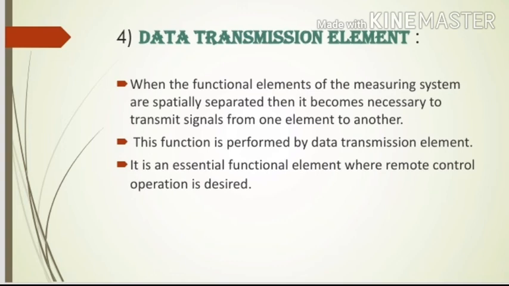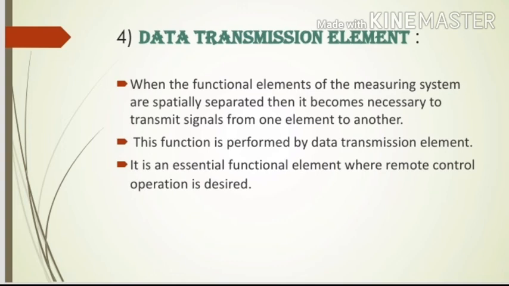After that the signal from the variable manipulation element enters into the data transmission element, which is the fourth element, where it transmits the data from one element to another element, which have a main function and are separated from each other.